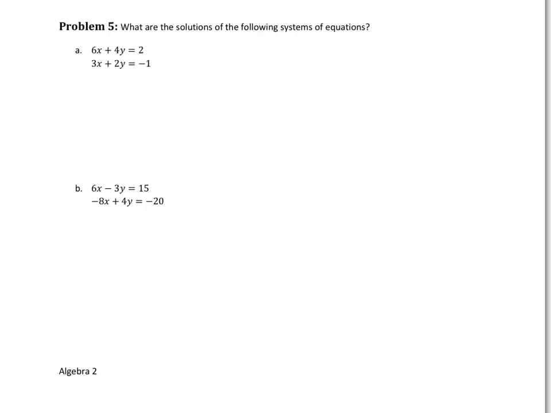Okay, let's look at problem A. I'm going to choose to eliminate by multiplying the second equation through by a negative 2. So my first equation stays the same. My second equation becomes a negative 6x minus 4y equals a positive 2.